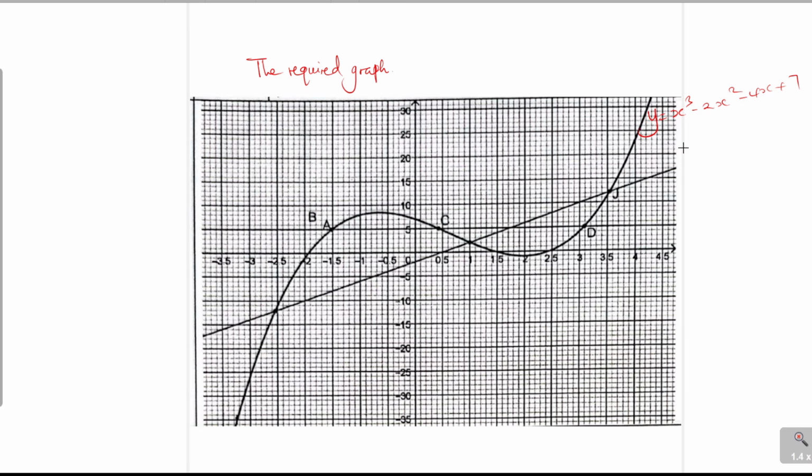There's a mark for the scale, a mark for correct plotting, and for the smooth curve you get 1 mark. So ensure that you use the given scale, plot all the points correctly by understanding the scale, then draw the smooth curve, and get a mark.